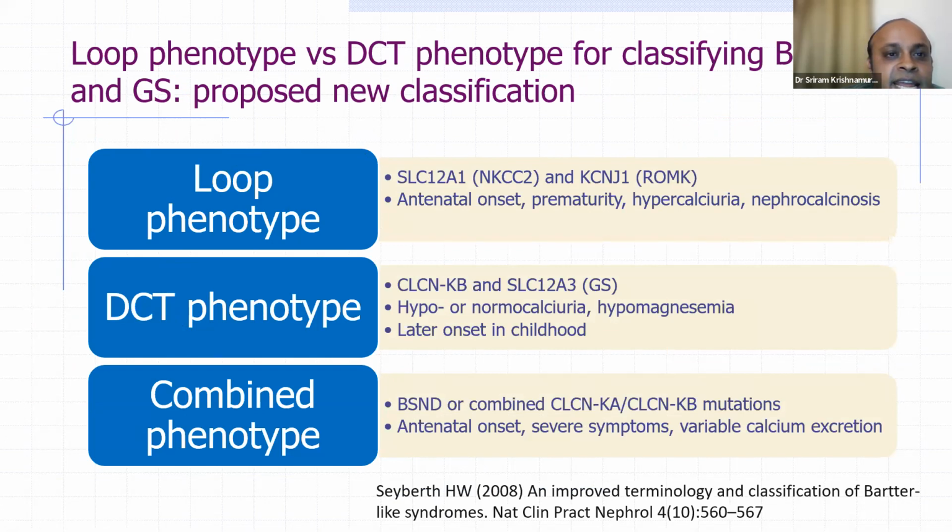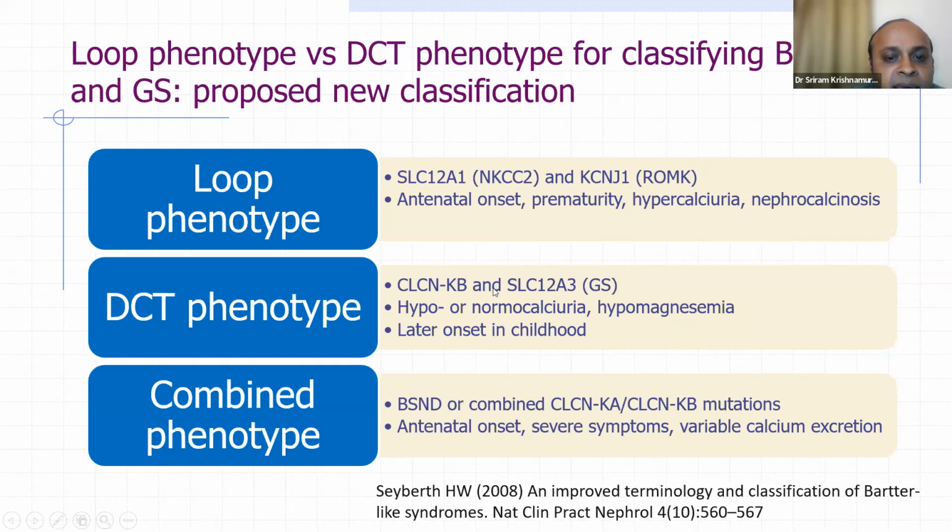So instead of a genetic based classification, they have proposed this kind of pathophysiology based classification. The loop phenotype includes type 1 Bartter and type 2 Bartter, which are the NKCC2 and the ROMK mutations respectively. These have an antenatal onset, prematurity, a lot of hypercalciuria and nephrocalcinosis.